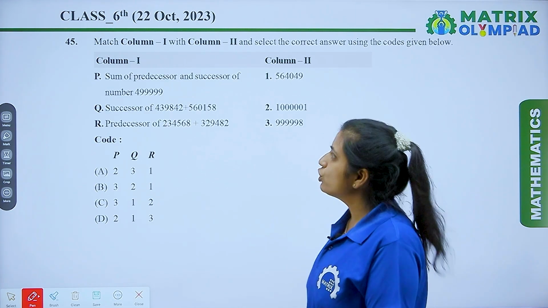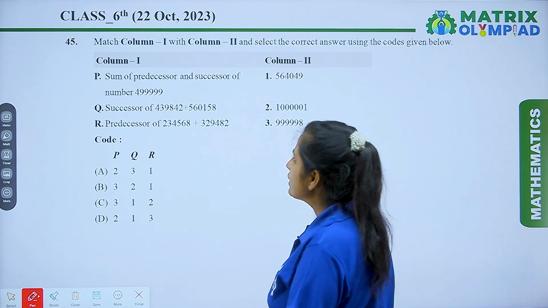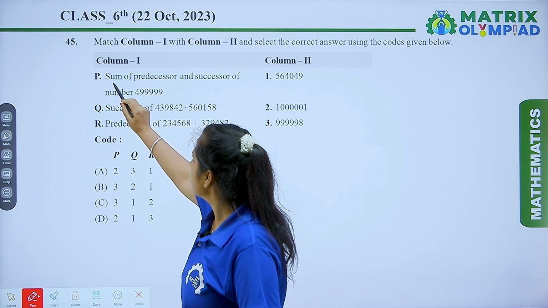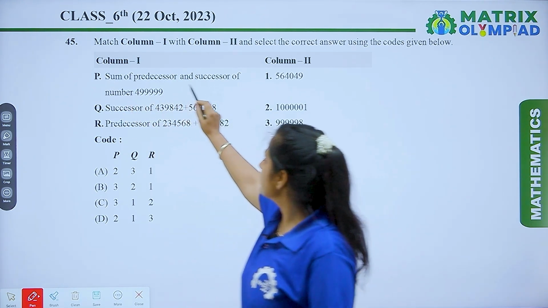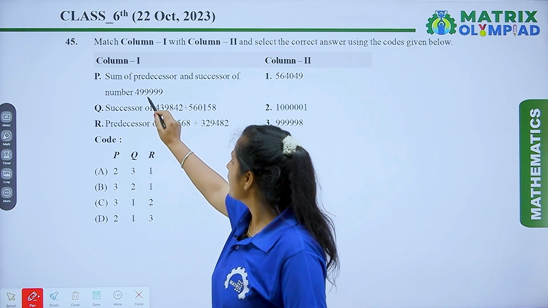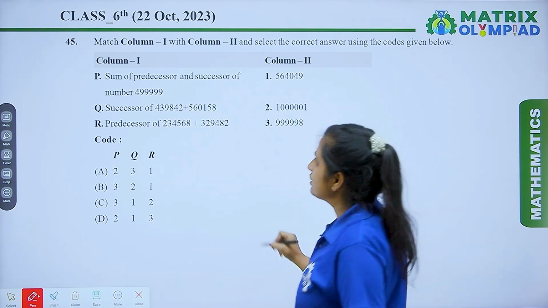Now the next question is question number 45. This is again a match the column. Let's find out the solution of first part. Sum of predecessor and successor of number 4,99,999. So we have to find out the sum of predecessor and successor of this number.